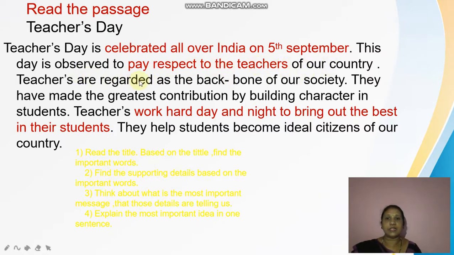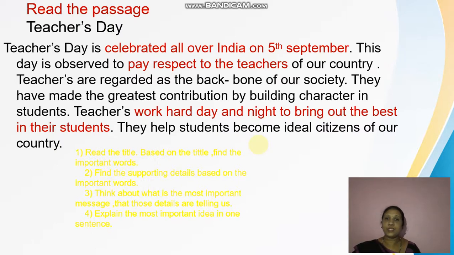Teachers are regarded as the backbone of our society. They have made the greatest contribution by building character in students. Teachers work hard day and night to bring out the best in their students. They help students become ideal citizens of our country. So this is the story we read.